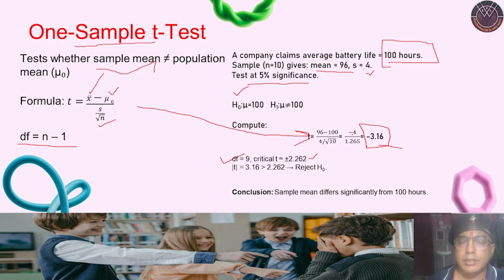The calculated t is greater than the table value, so reject H0. So what conclusion can you say? The sample mean differs significantly from 100 hours. So you have to look at the manufacturing of that particular battery and take certain measures. So this is one case of a one sample t-test.